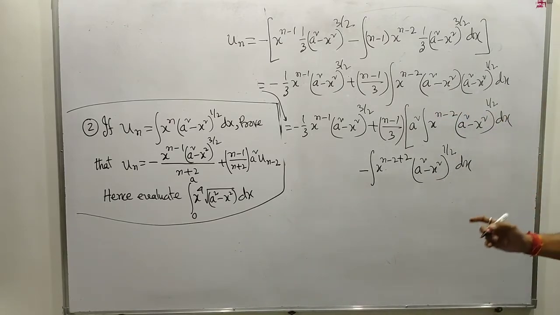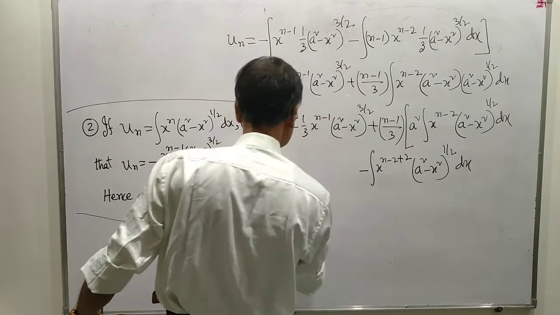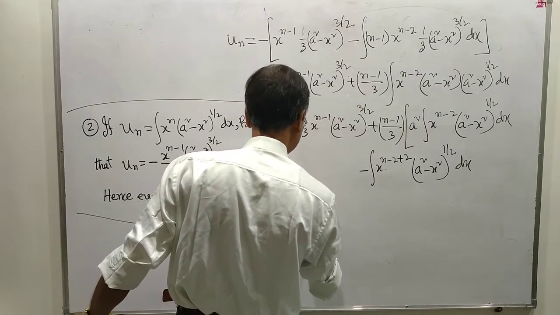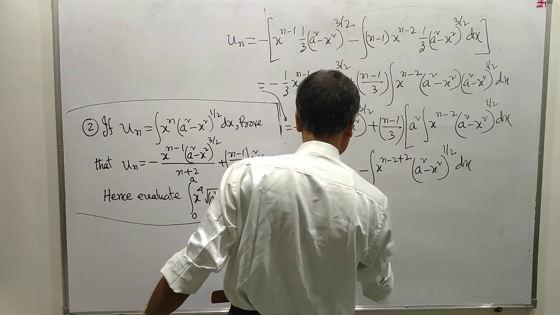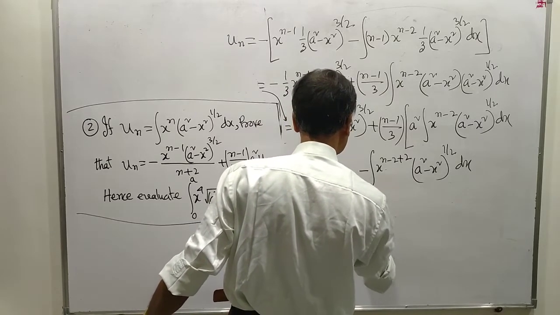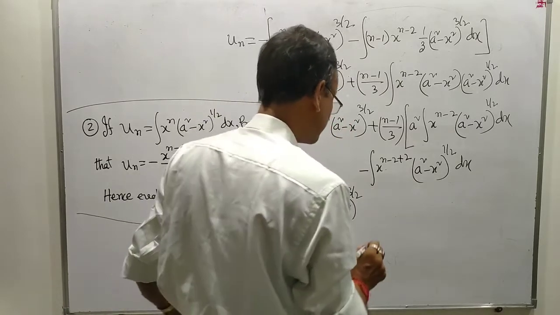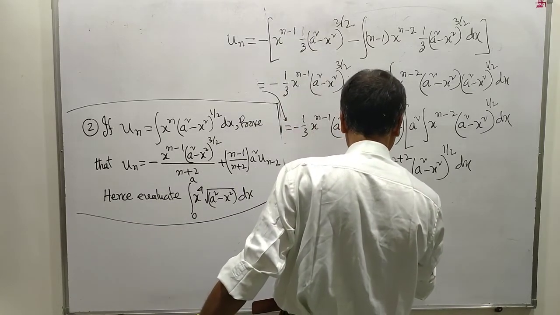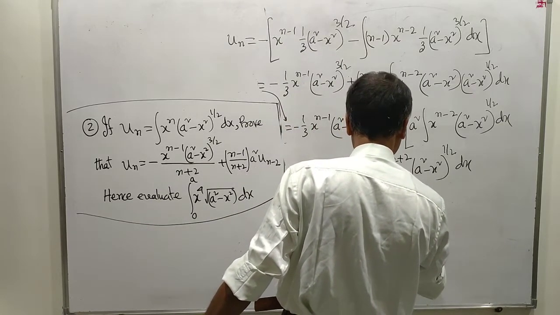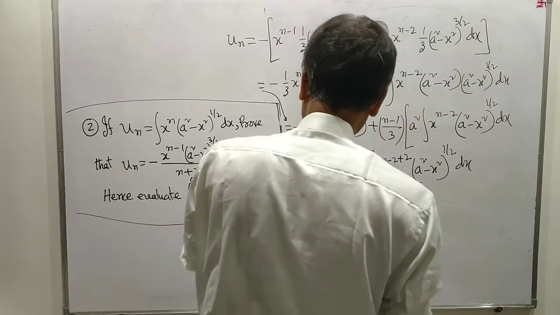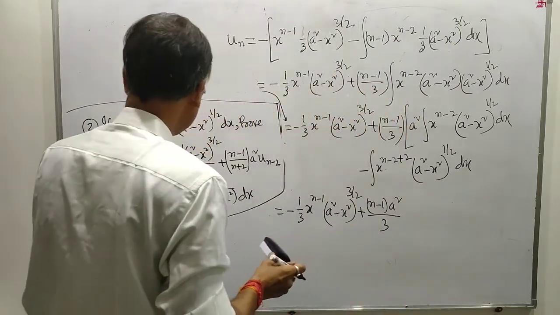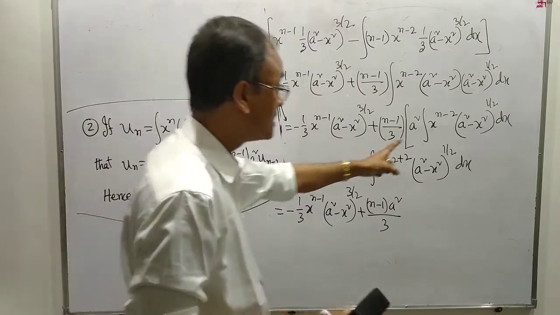Just note it. This is equal to minus 1 by 3 x to the power n minus 1 (a square minus x square) whole to the power 3 by 2 plus (n minus 1) a square divided by 3. You see, un equal to this. What is this term?